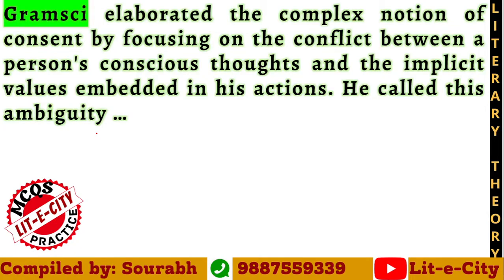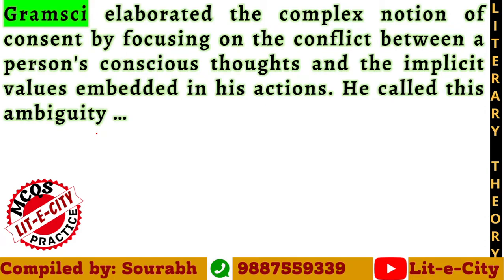And here is our first question, which is about Gramsci, the famous Italian philosopher. Gramsci elaborated the complex notion of consent by focusing on the conflict between a person's conscious thoughts and the implicit values embedded in his actions. He called this ambiguity.